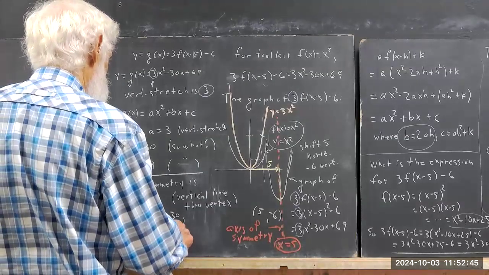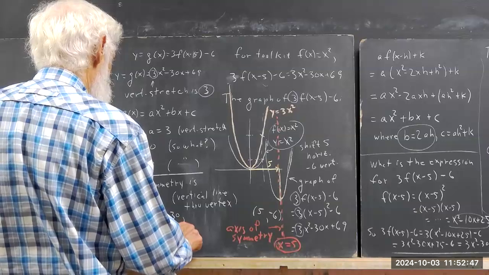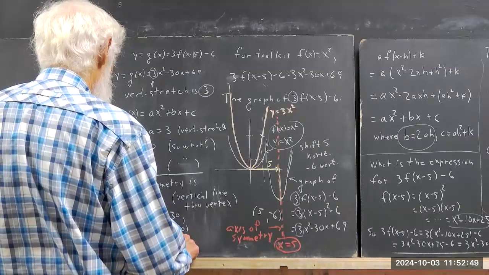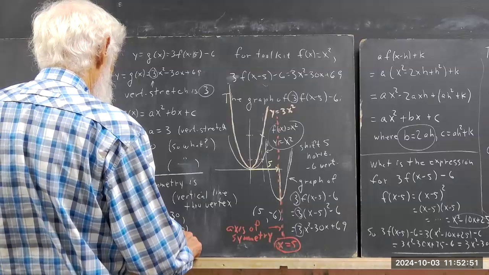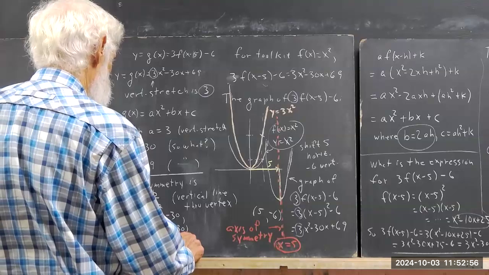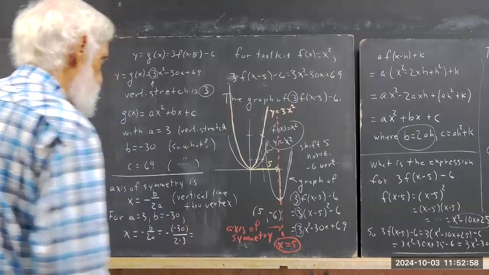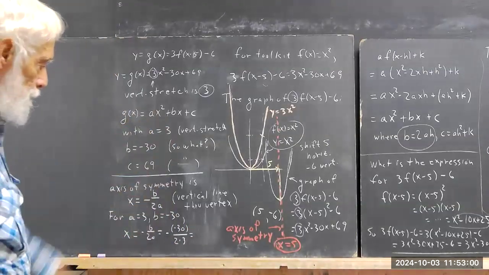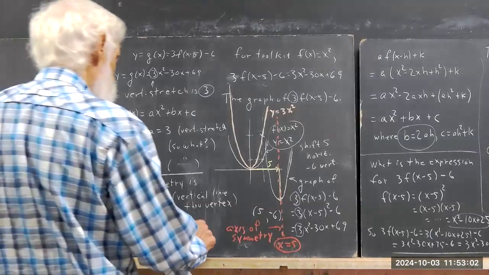This is the negative of negative 30 over 2 times A, which is 3. Well, the negative makes it positive. So this is 30 over 6.